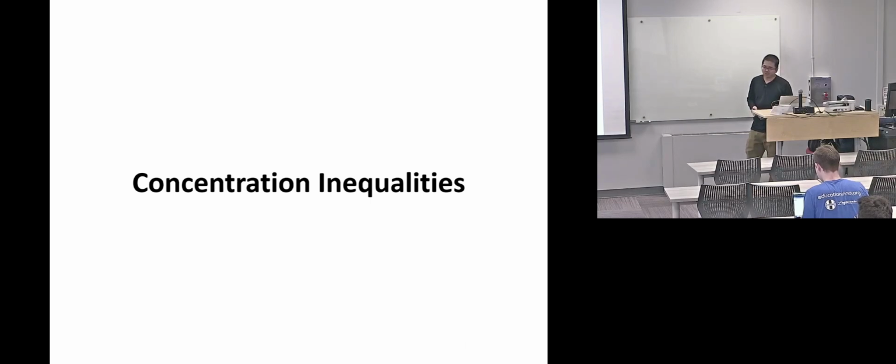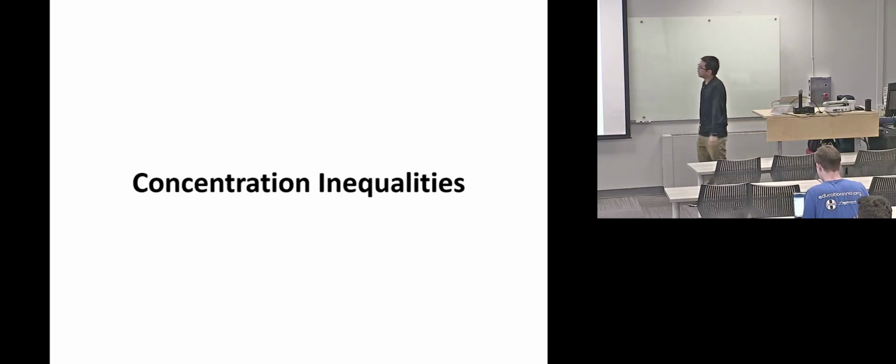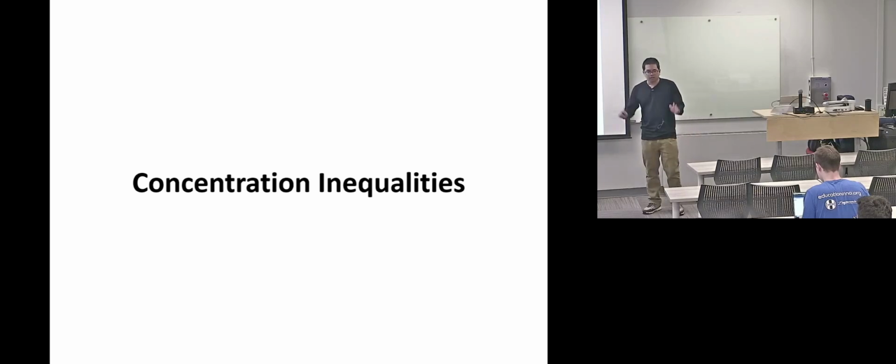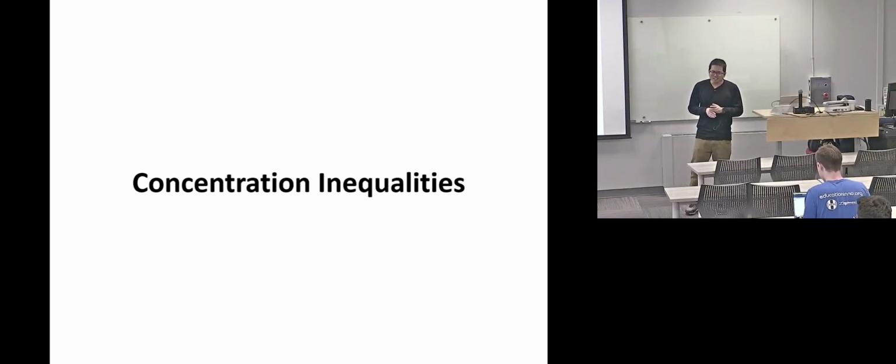Okay, so now next part I'm gonna talk about concentration inequalities. Why do we look at concentration inequality? Because when you have random variables, the simplest way to describe them is to look at the expectation.